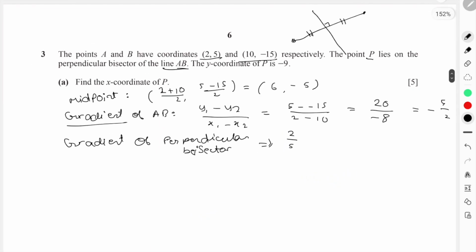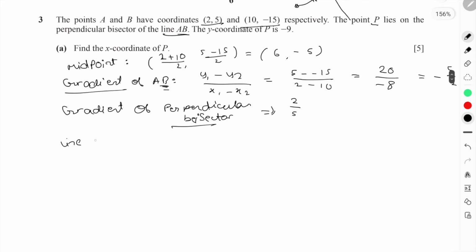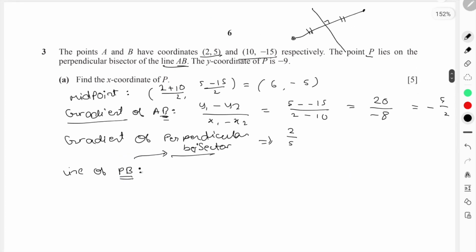And now we have to find the line. For now I'm just going to use PB as the short form for perpendicular bisector. I was going to write that here, but there's already a coordinate B, so maybe don't do that in the exam. It's very long to write, so I'm just going to write line of PB.